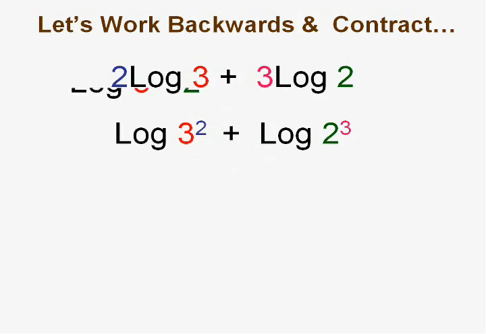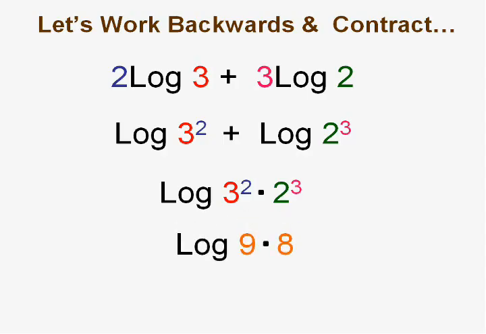Addition becomes multiplication. We don't have it here, but we can remember, hopefully, that subtraction becomes division. And anyway, our goal here was to make this into one big fat logarithm. 3 to the second is 9, 2 to the third is 8, and I believe that we've done it.